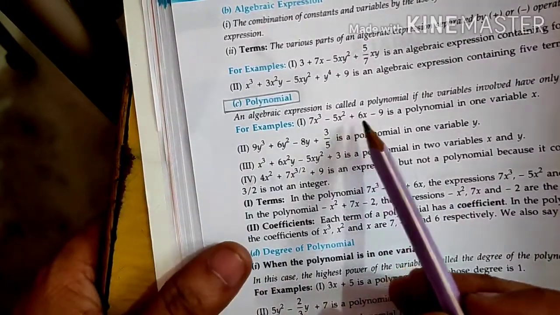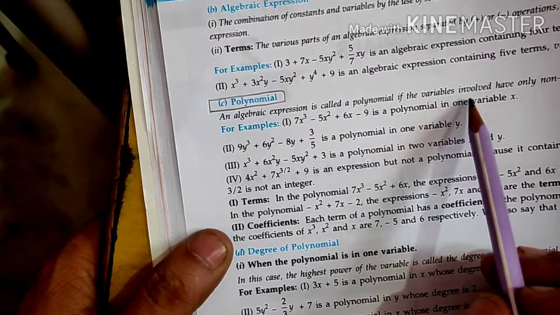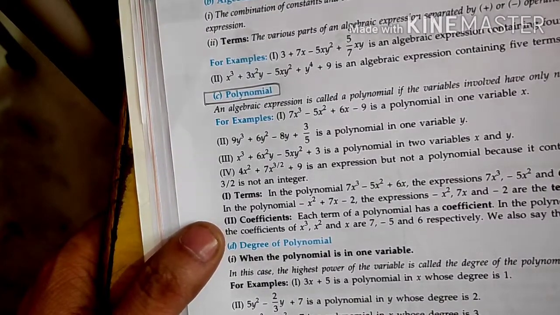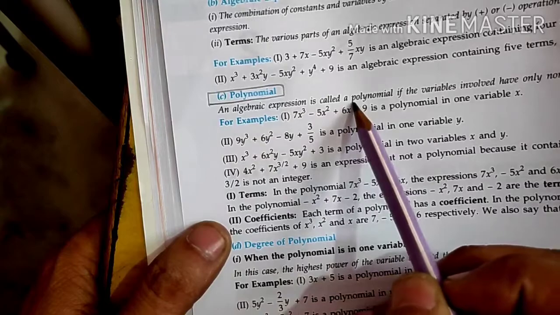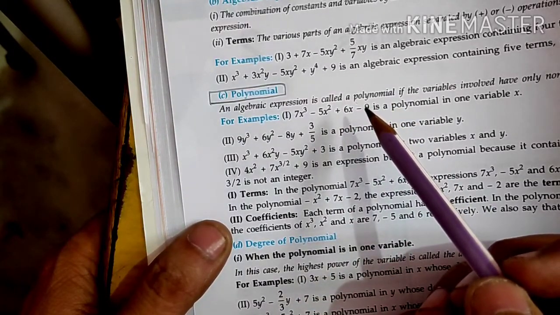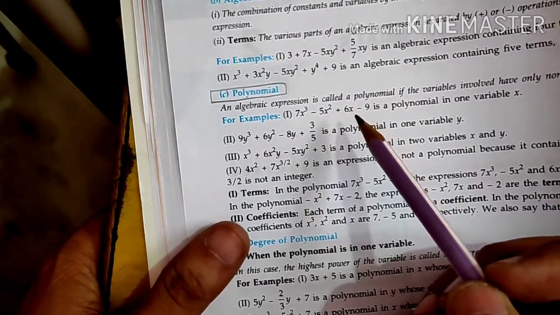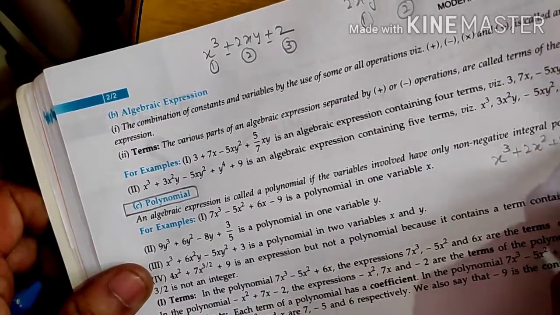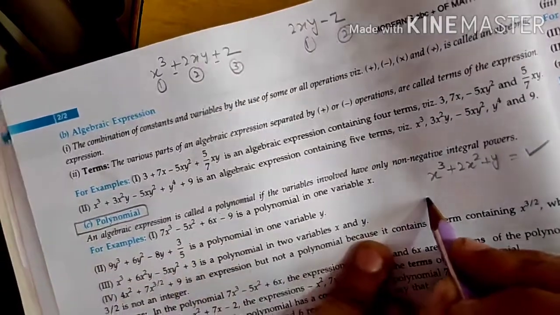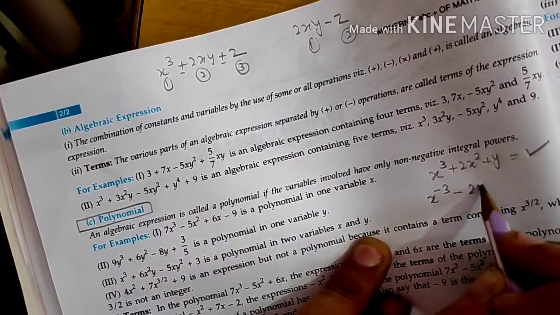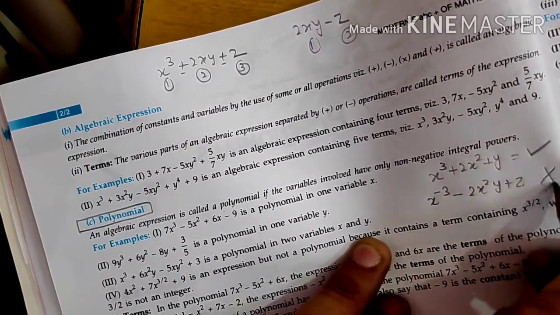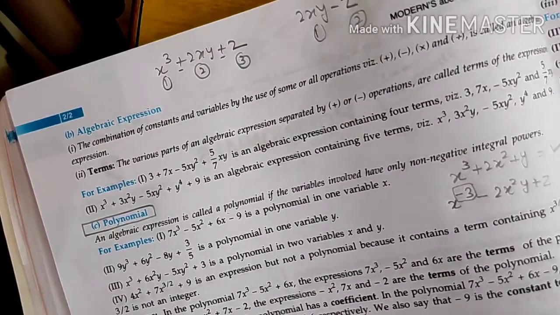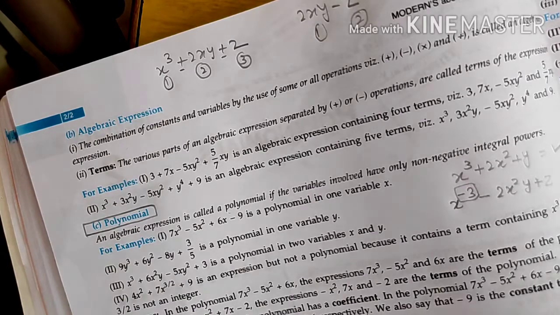An algebraic expression is called a polynomial if the variable involved have only non-negative integral powers. That means an algebraic expression in which there is no negative exponent, no negative exponent on the variable, then that will be your polynomial. x to the power 3 plus 2x square plus y, so this is polynomial. If I write x to the power minus 3 minus 2x square y plus z, so this is not polynomial because we are having a negative exponent here, so this is not a polynomial.